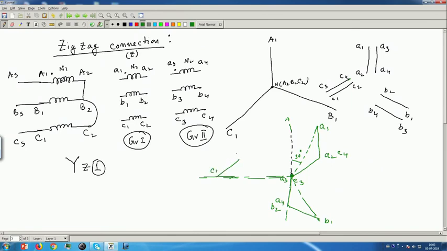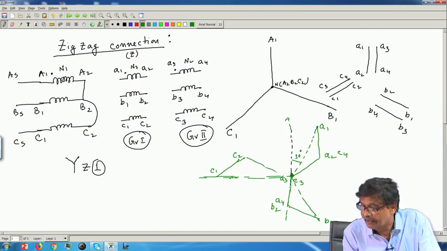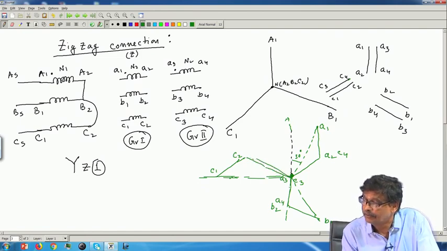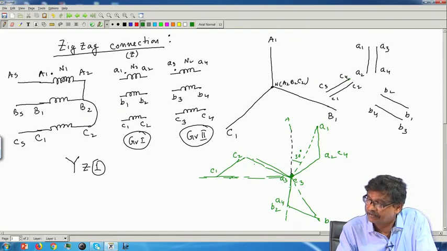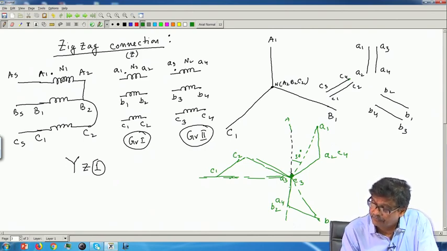I mean, these lengths are all equal, please forgive me for this one. And this will be provided by whom? By B phase. B phase, one voltage I have used B1, B2. So, B3, B4.